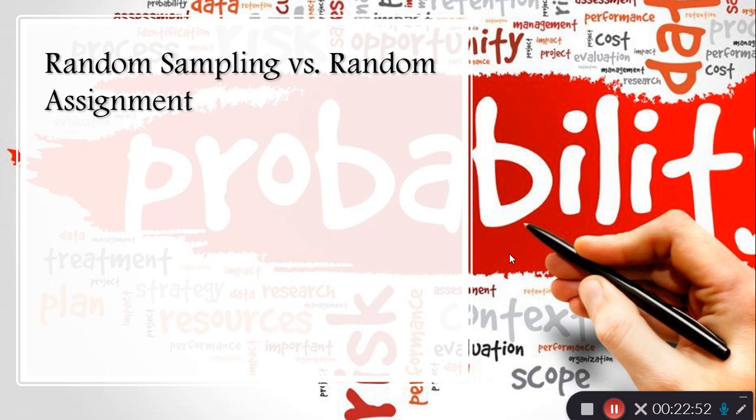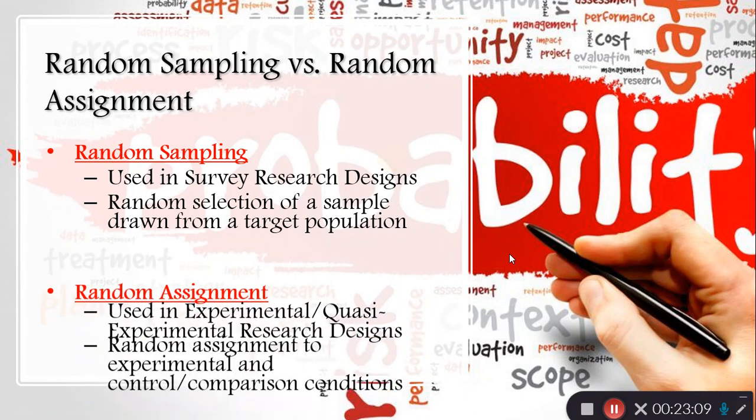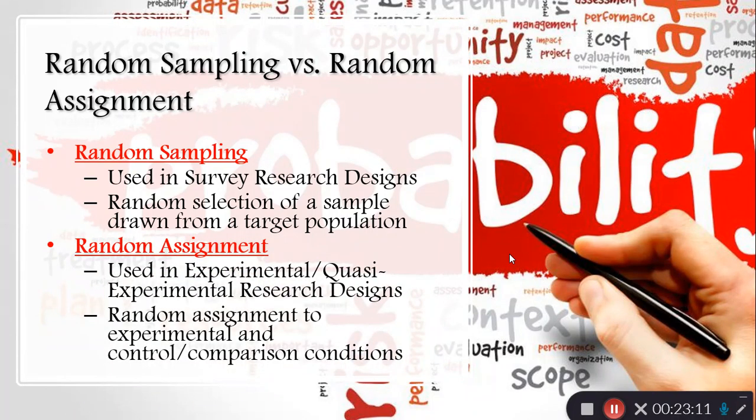So the first distinction that I want to make is regarding the difference between random sampling and random assignment. Random sampling is used in survey research designs, and it is the random selection of a sample drawn from a target population. This is by contrast to the idea of random assignment.